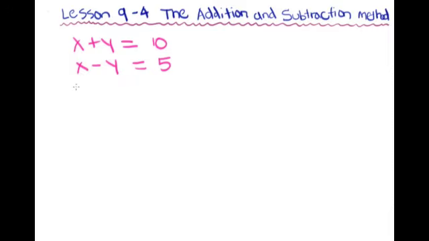All we have to do is add or subtract these two equations to get another equation with only one variable. So one of the variables cancels out, because if we have x here, the second equation has negative x. So when you do x plus negative x, you get 0.